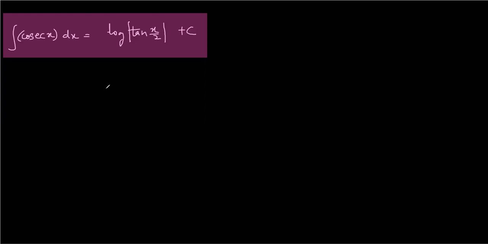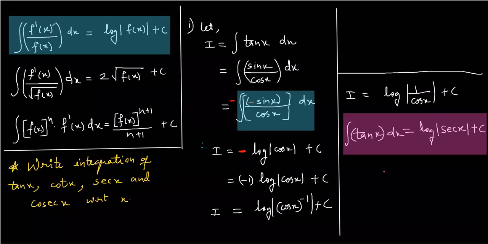So we learned those three corollaries, and what were those? Those were these three. Integral f dash x upon f of x dx is log mod of f of x plus c. Integral f dash x upon root f of x dx is 2 root f of x plus c. Integral f of x raised to n into f dash x dx is f of x raised to n plus 1 upon n plus 1 plus c.